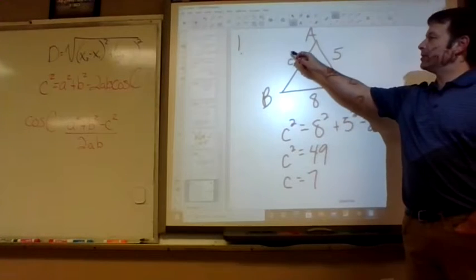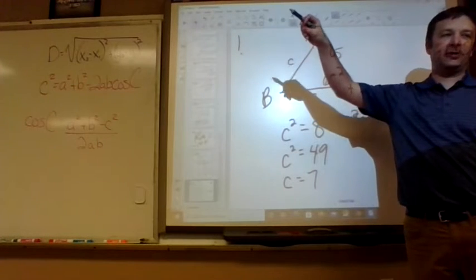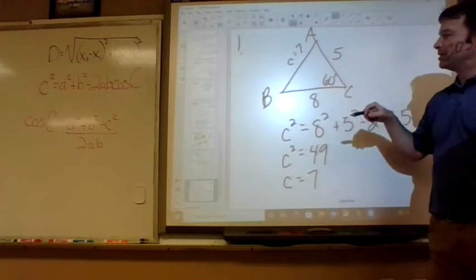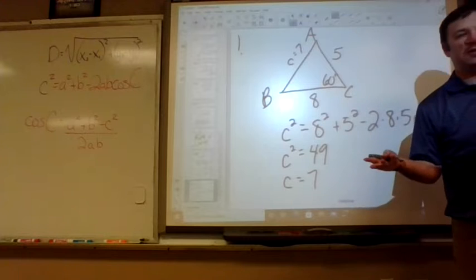So we could keep using law of cosines, but at this point we have enough information that we can go back to law of sines, which is easier.